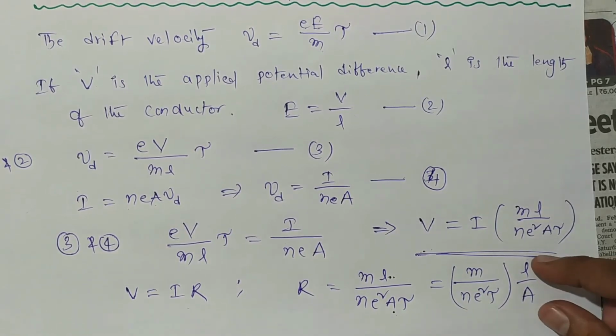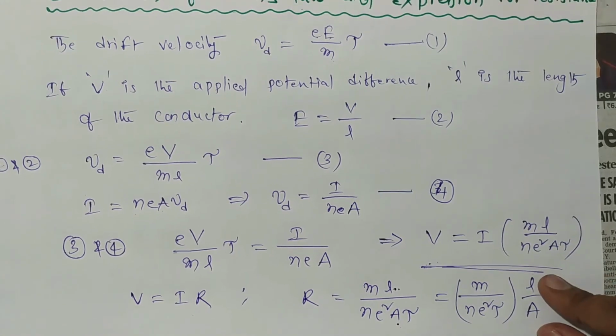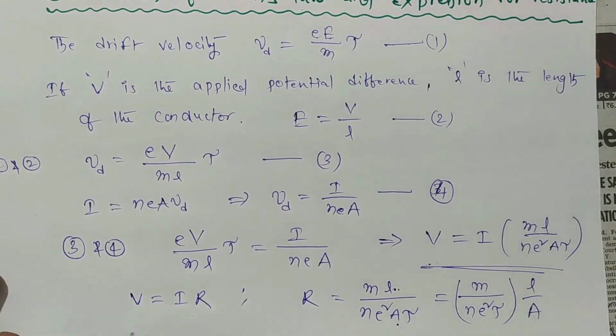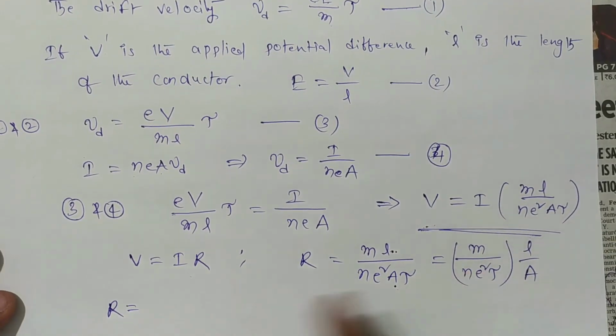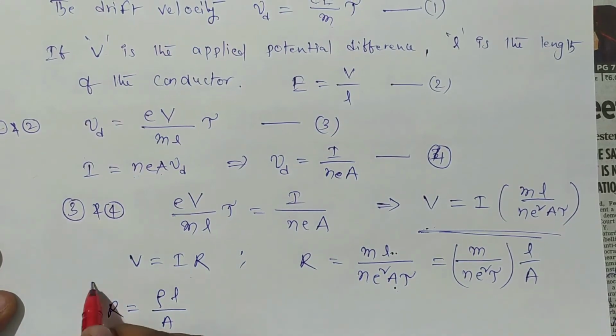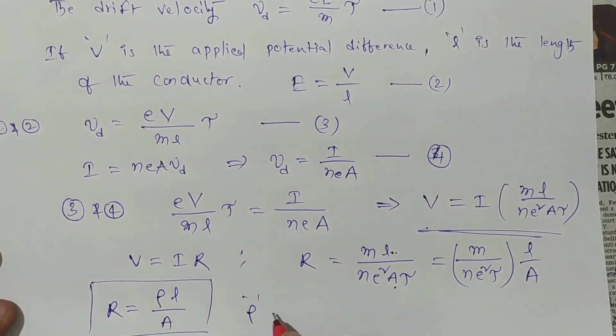L and A indicate the geometry of the conductor. So I can write R is equal to some constant into L by A. This is the relation, resistance is equal to rho L by A, where rho is the resistivity.